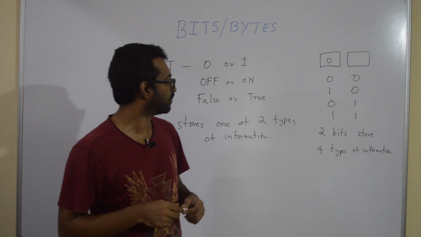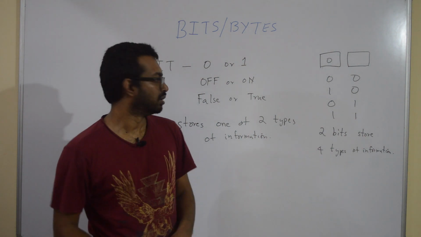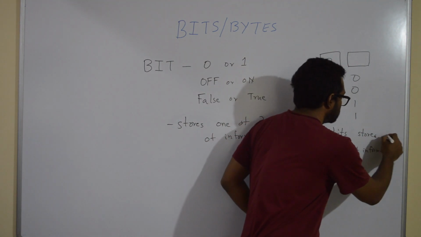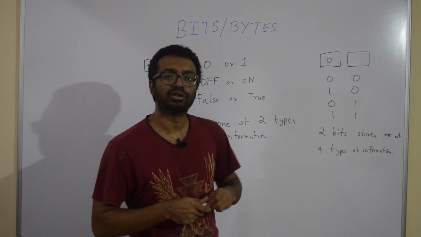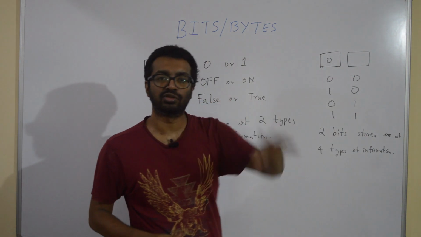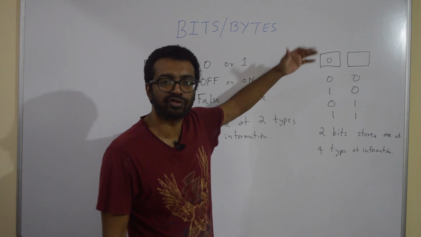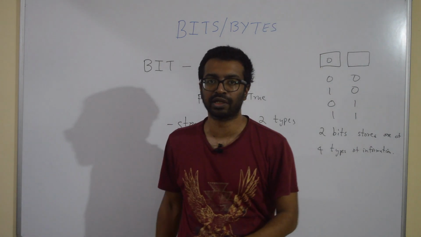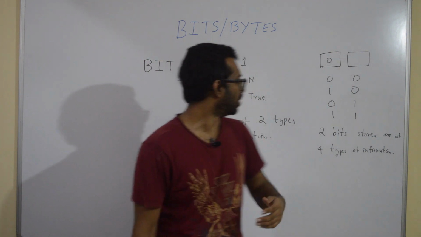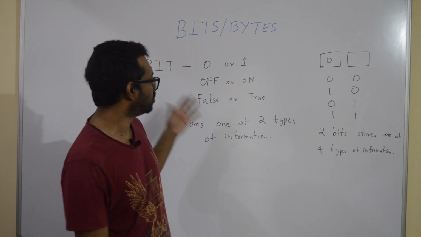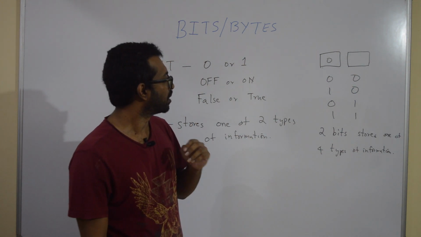So two bits can store one of four kinds of information, right? The four kinds are 0 0, 1 0, 0 1 or 1 1. Two bits can store one of them. So as you could see, one bit can store two, two bits can do four.